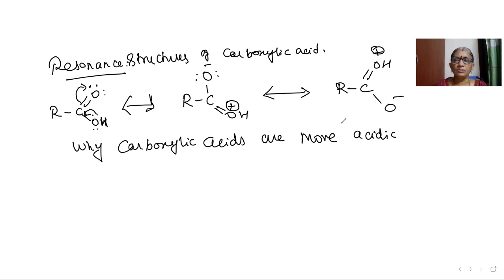When you consider all the functional groups in our syllabus, on the acidic side we have alcohols and carboxylic acids. When you compare the acidic nature of alcohols with that of carboxylic acids, we find that the carboxylic acids are more acidic.